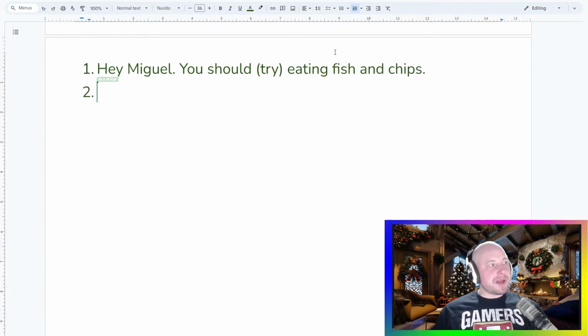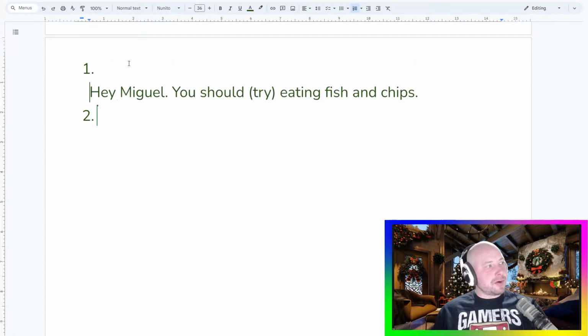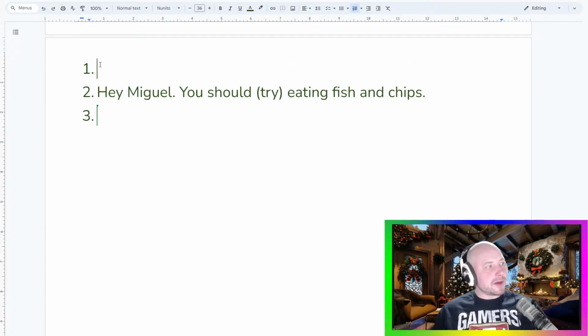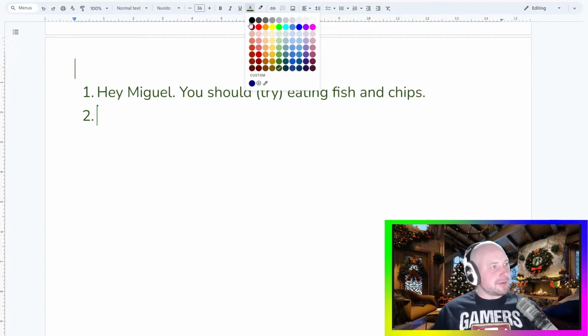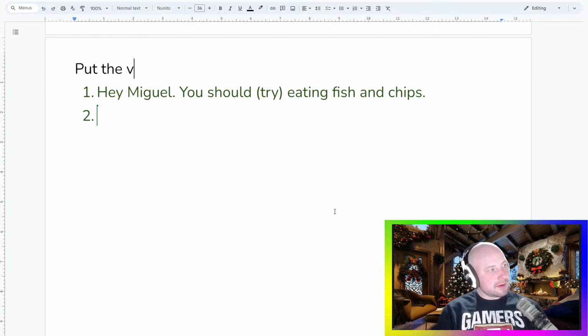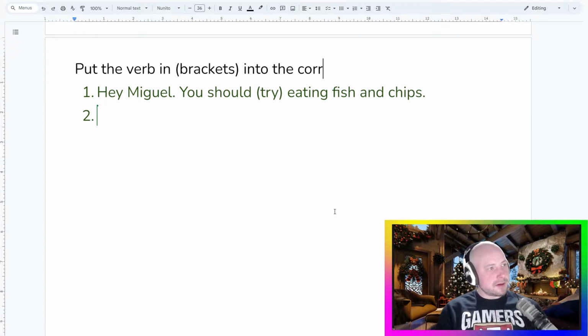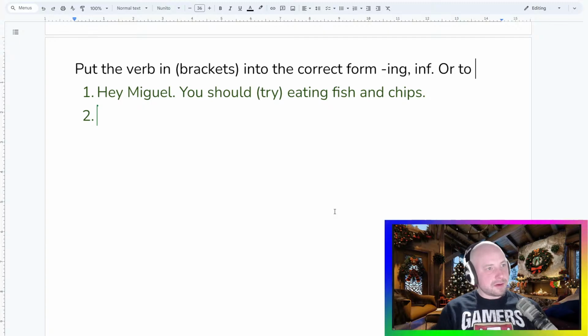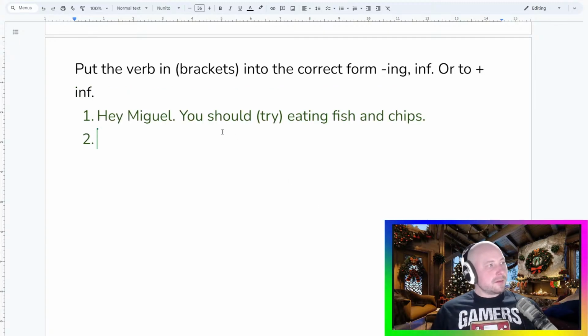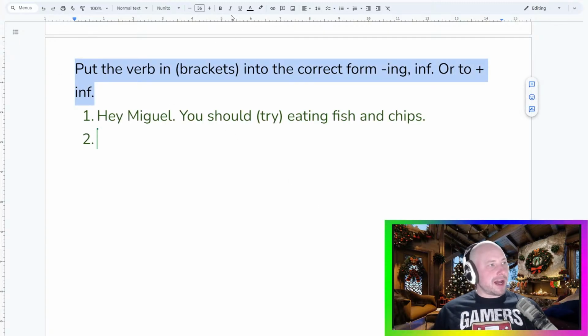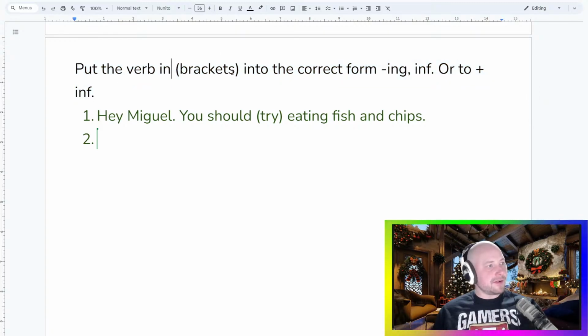So the verb in brackets, I want you to put in the correct form. Put the verb in brackets into the correct form, ing or infinitive or to plus infinitive.